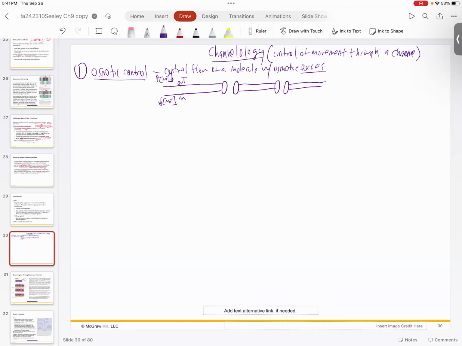So now if these channels are open, as I've got it set up now, which direction is the sodium going to flow?